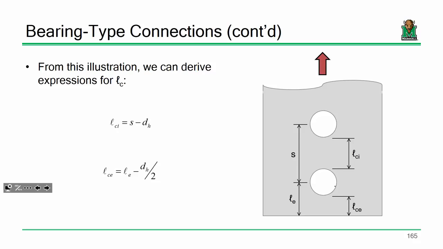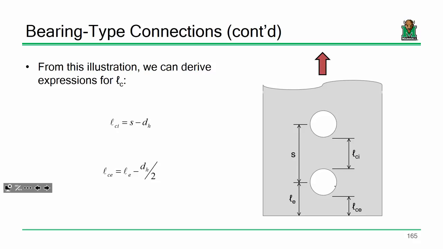Now that's just the general spacing of the connection. L_C is the clear distance from edge of hole to edge of plate. Okay? So by its very nature, we're going to have 2 L_C values that we need to compute. We're going to have an L_C for all the bolts that are on the edge, and then an L_C for all of the interior bolts. So let's just take them one at a time. If I'm talking about an edge bolt, here's L sub E. If I want this dimension right there, what do I do?